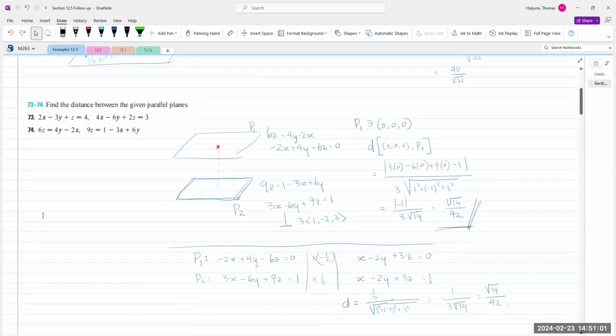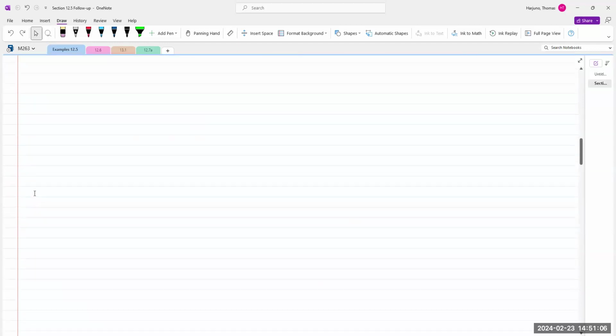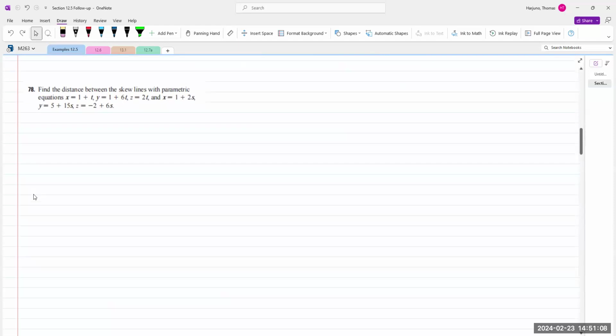Now let's go on. I think this is the last question. I hope so. Yeah, that's the last question I want to go over here. Find the distance between two skew lines. So let's say line 1 is given by r1(t) equals 1, 1, 0 plus t times 1, 6, 2.